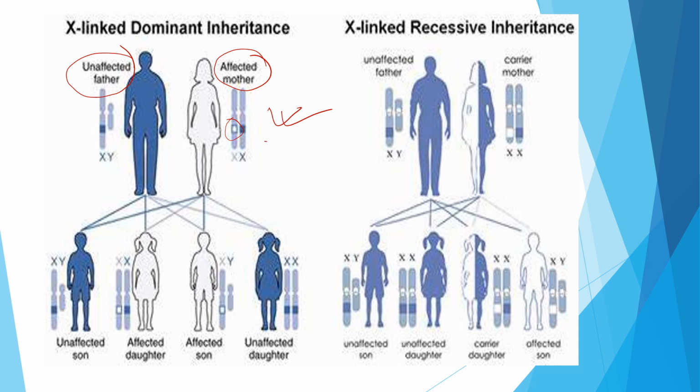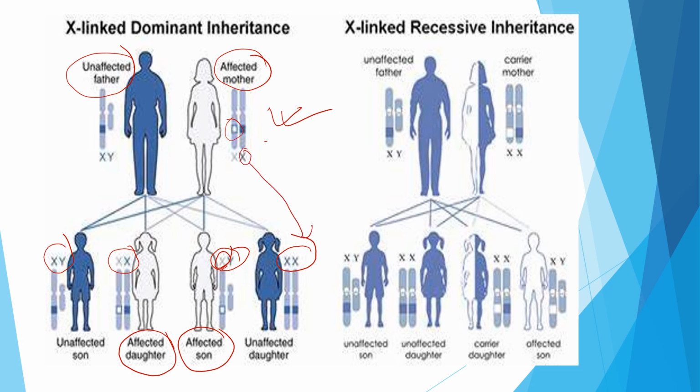So what is happening here after the cross? This XY is totally normal. This XX is carrying mother's dominant gene, so this is an affected daughter. And this XY also, this son, this X is from mother, so it is an affected son. And this daughter XX has one X from father and one unaffected X from mother.